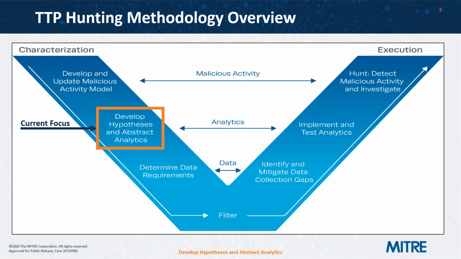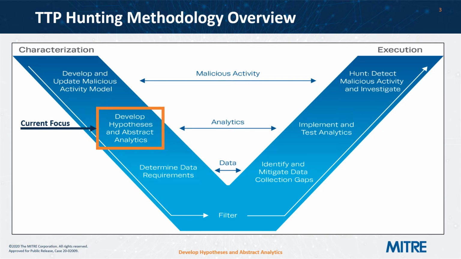We start by characterizing, researching, and defining in the first 3 steps, and then pivot through the filtering step into an implementation phase. We start with an understanding of adversarial TTPs, and then think about analytic approaches to detect those TTPs, and then determine what data we'd need to conduct that analysis.